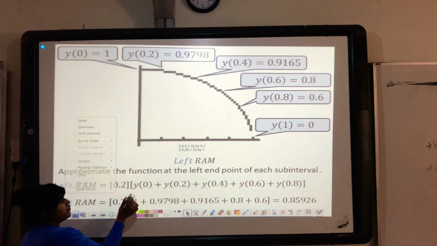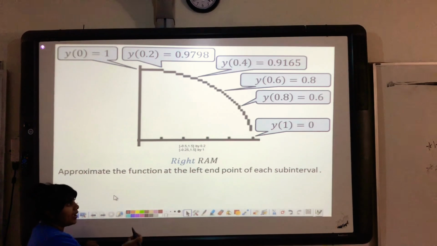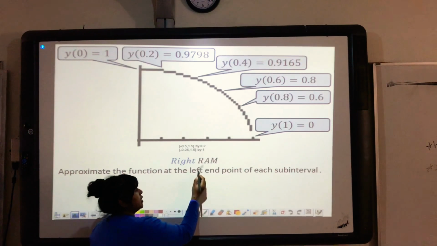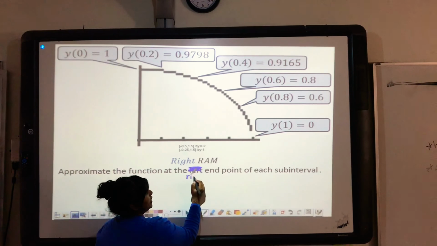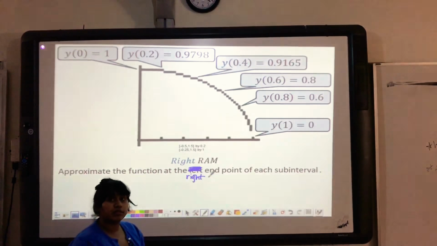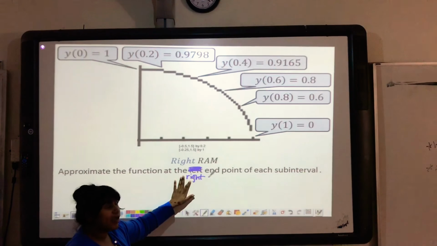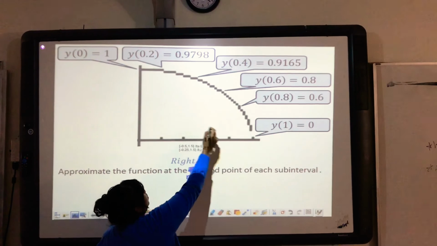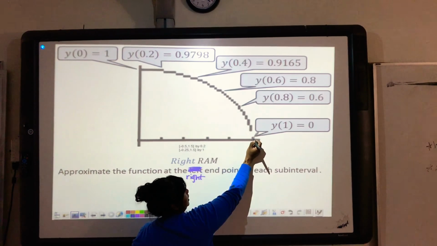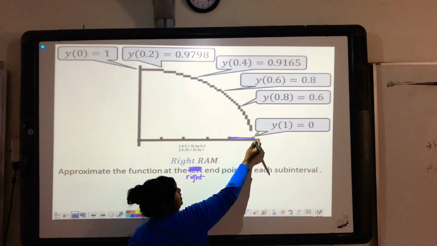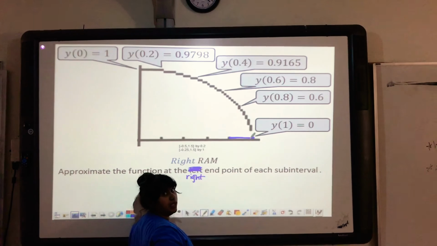Okay, so moving forward, let's actually work through our right RAM. The only real difference between our left and our right is that we're actually going to be using the right endpoint. There's another typo on the screen, sorry. The right endpoint of each subinterval. So we can draw it one of two ways. We can start right here. Well, this endpoint means that I'm at the very bottom. That's where the curve hits, so I'm not really creating a rectangle.